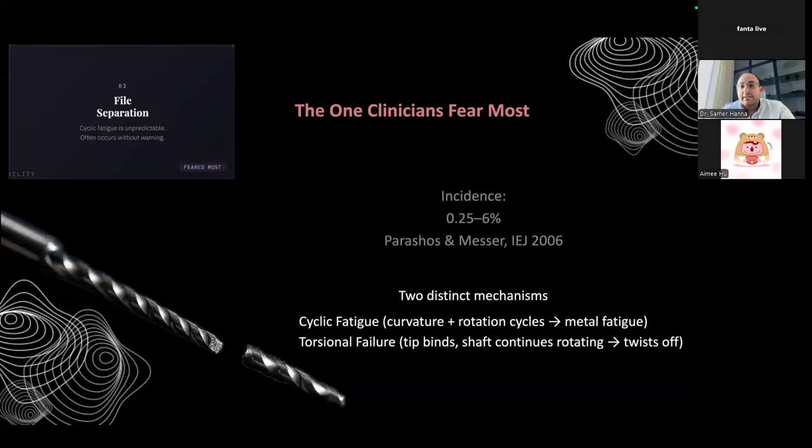So as we said, this incidence is around 0.25 to 6%, and there are two distinct mechanisms that can cause the file to separate: cyclic fatigue or torsional failure. Cyclic fatigue is when there is a curvature, the file continues rotating within this curvature, the metal gets fatigued, and then the file separates.